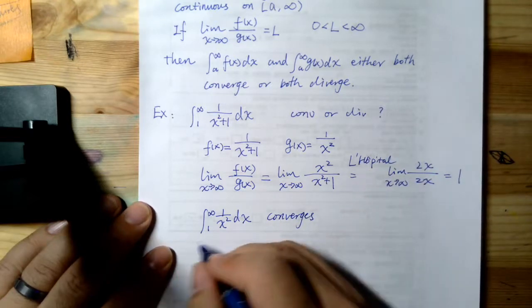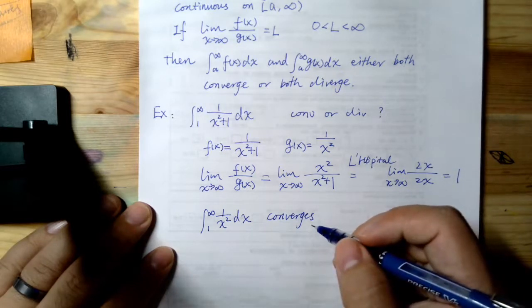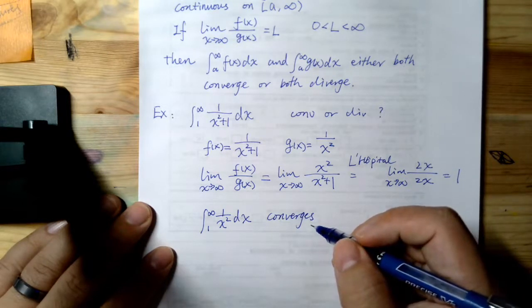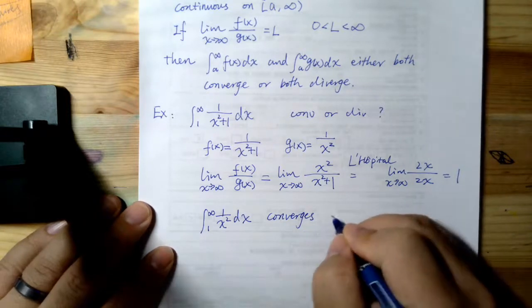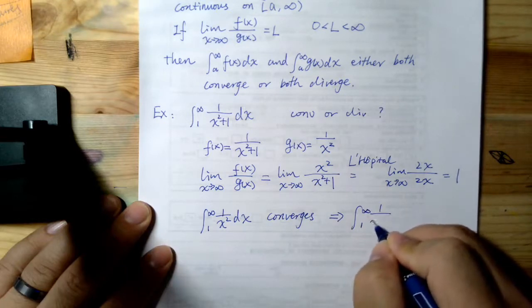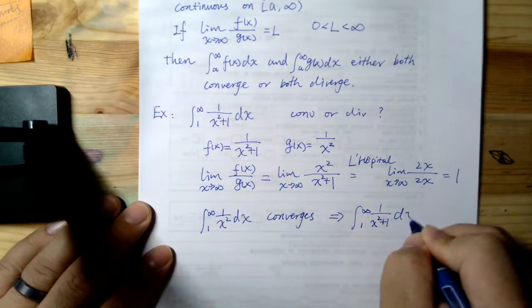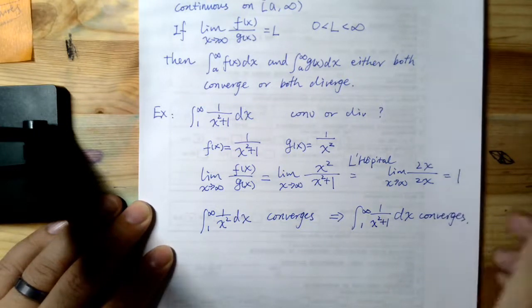Why it converges, or how to see it converges, you can take a look at the previous videos I posted on this channel. So this converges. We can get to the conclusion that the integral from 1 to infinity of 1 over x squared plus 1 dx also converges.